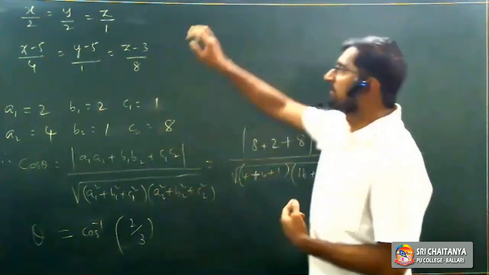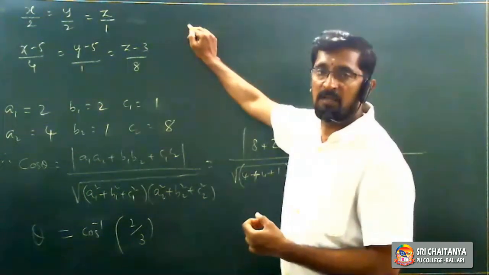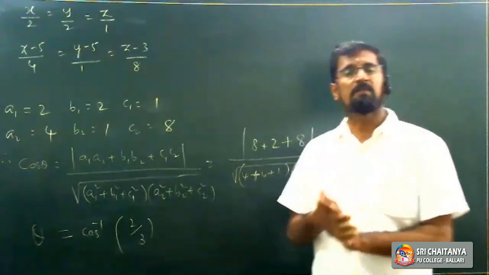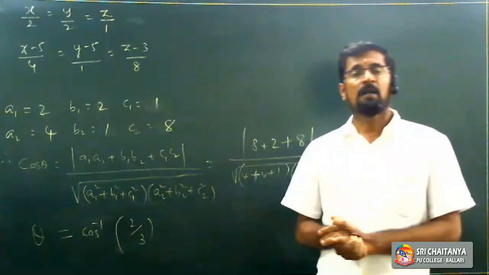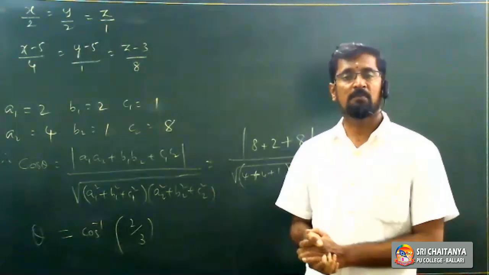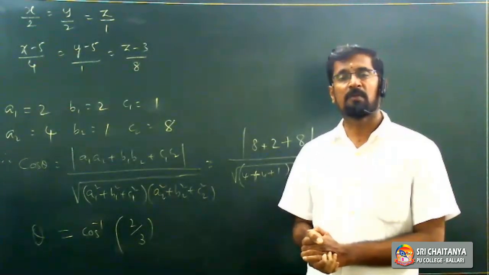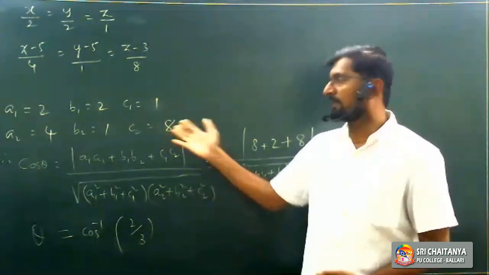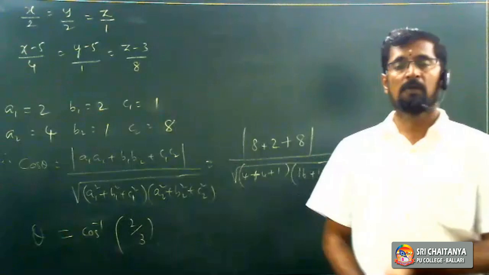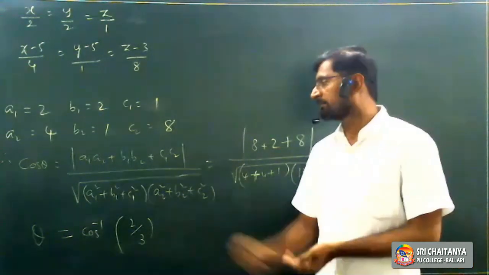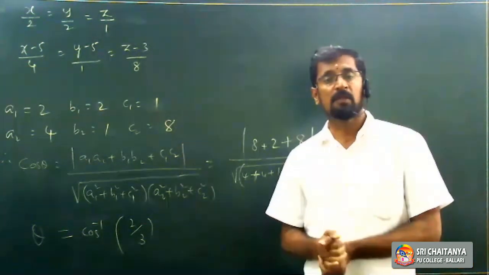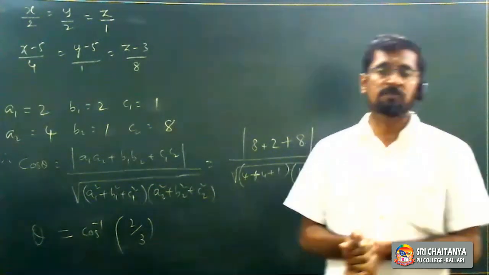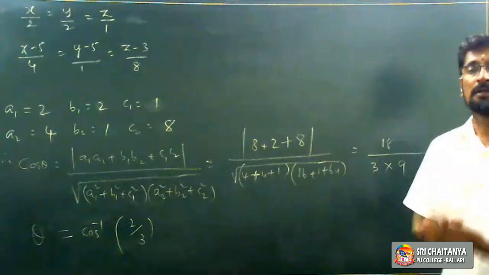So comparing this with x minus x1 by a1 is equal to y minus y1 by b1 is equal to z minus z1 by c1, and x minus x2 by a2 is equal to y minus y2 by b2 is equal to z minus z2 by c2, you are going to get all values. After getting all the values, substitute in the formula, you are going to get the answer. I hope you understood. Copy this one slowly.